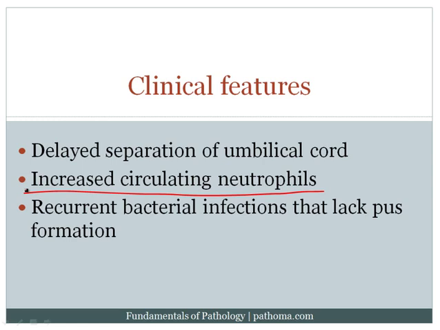The way the marginated pool hangs onto the blood vessel in the lung is using adhesion. So if adhesion is defective, the marginated pool will no longer be able to hang on and wait for battle. Instead, it will be released into the blood, giving us an increased circulating neutrophil count. That's why these patients have increased circulating neutrophils.